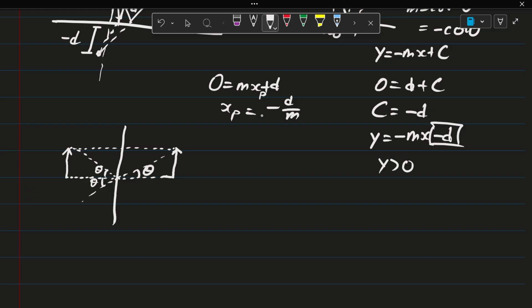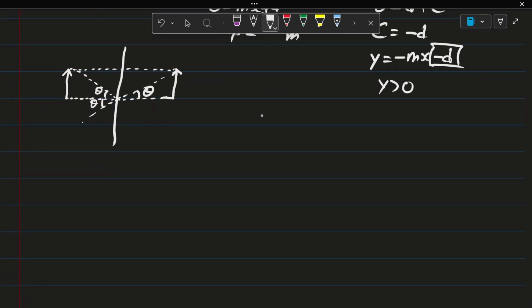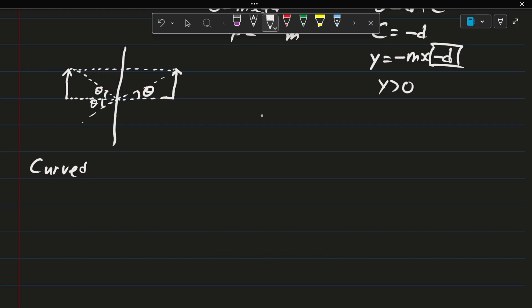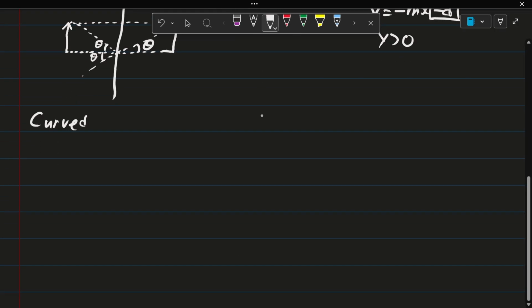But what about if we talk about curved mirrors? So the description is a little bit harder, but we could try to observe one certain example, which is a parabolic mirror. So we'll try to describe this by also using mathematics. For a curved mirror, let's say a parabolic curve is y equals ax squared.